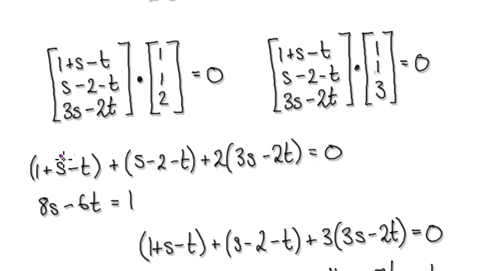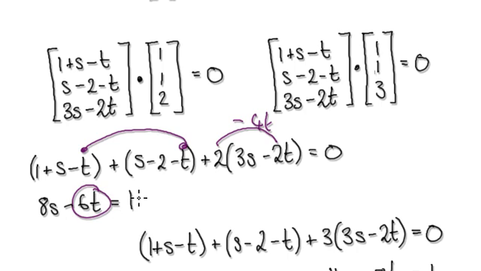Looking at the S, you've got one S and another S here, and then you've got 6S here, so that will give you 8S. And then looking at the T, you've got negative 1, and negative another 1, and then negative an extra 4. So that will give you negative 6T.